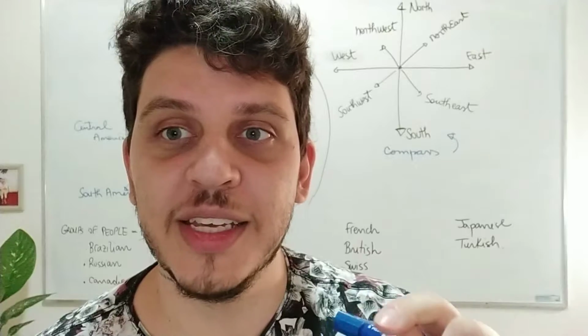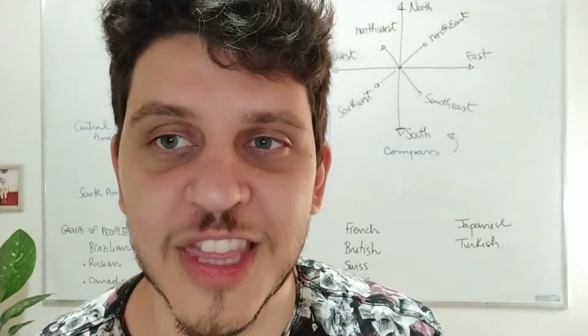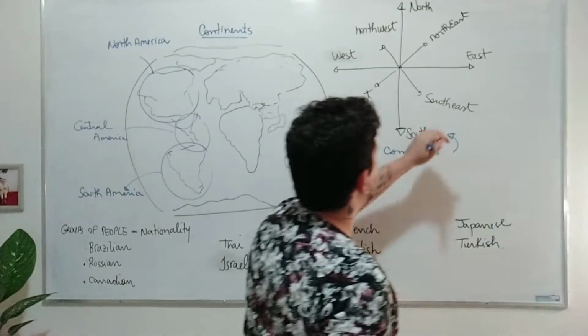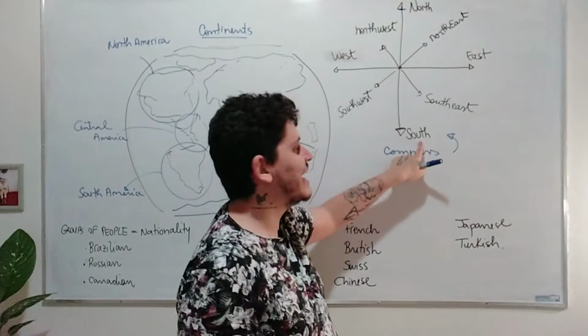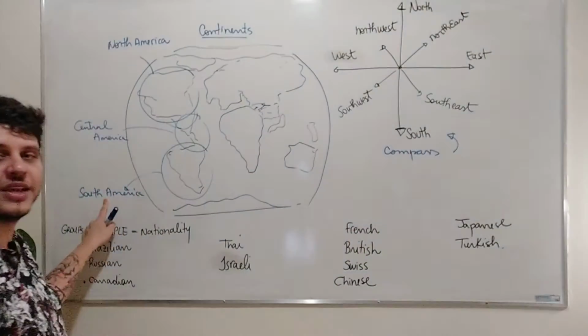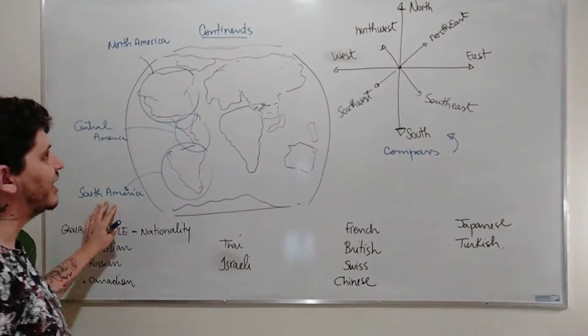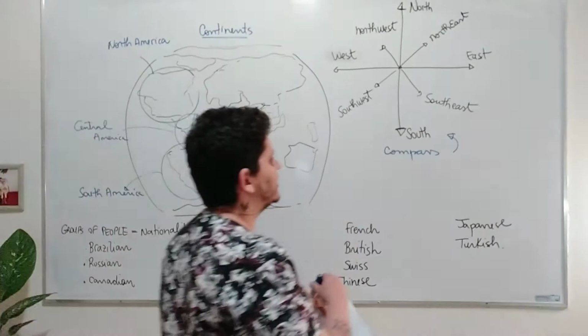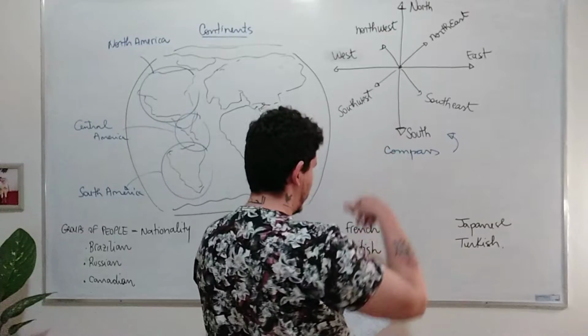So you'll say something like this: North. Okay? So the same sound will happen here in South, like in South America, and North, like North America. And okay, North, South.